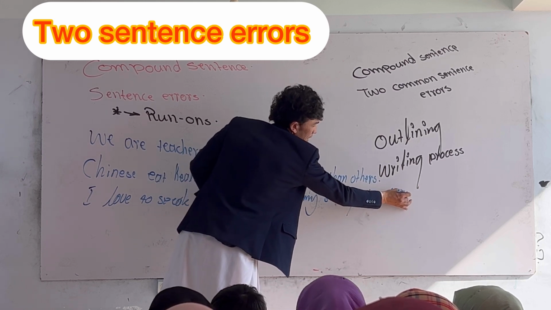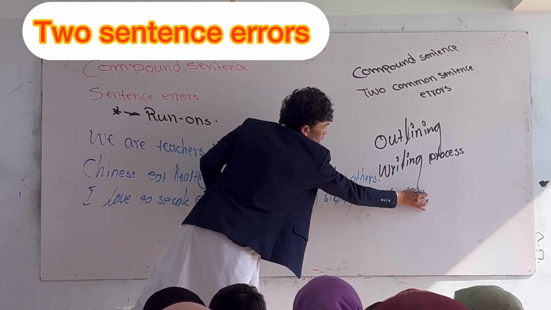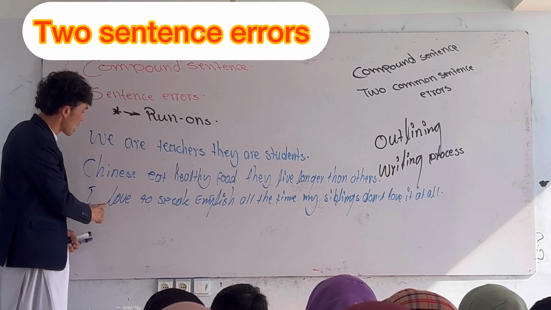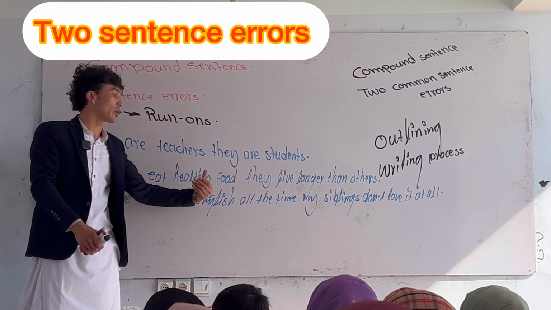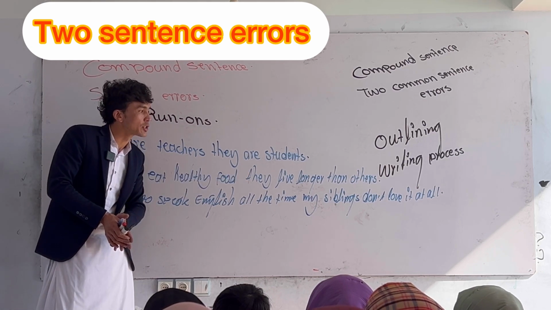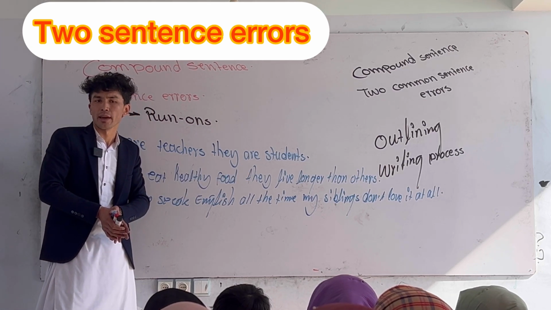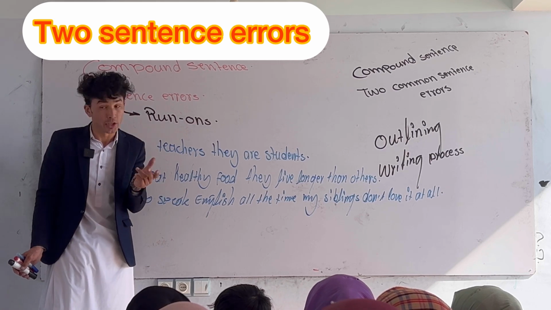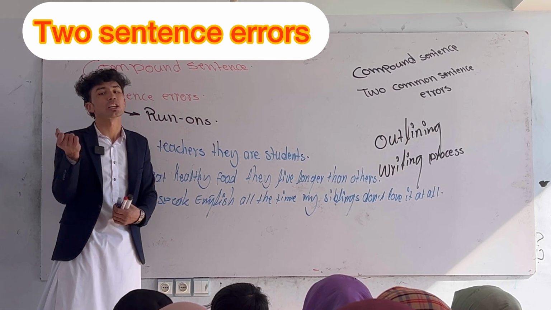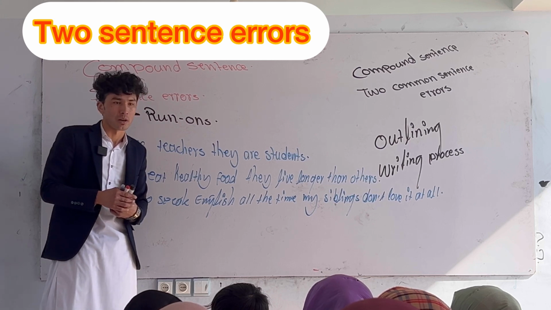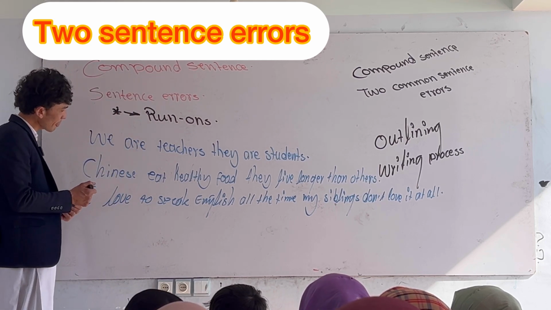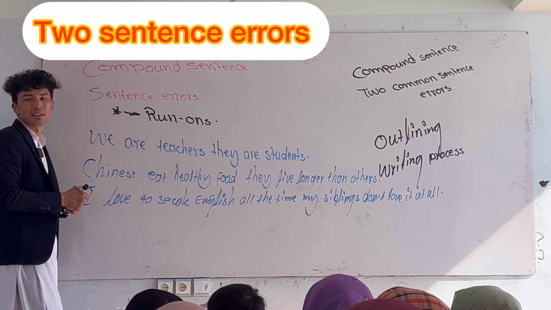Don't love it at all. Look at this sentence here. I love to speak English all the time. My siblings don't love it at all. Now, do you consider this a correct sentence? No, this is joined incorrectly. This is called run-on. Did you guys understand this? That is all. And let's go with the second problem.